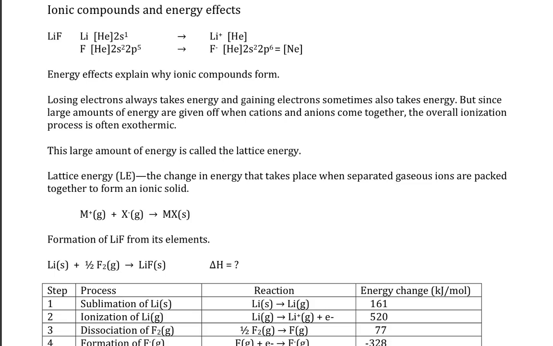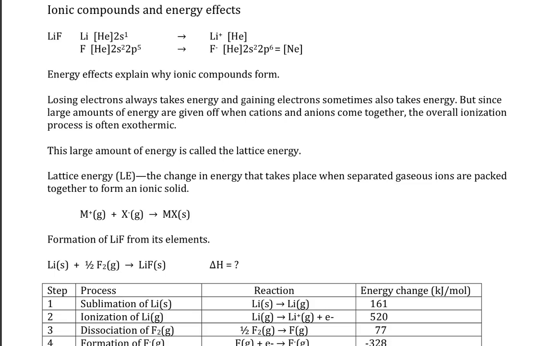Okay, our next topic is ionic compounds and energy effects. So we're going to talk now about ionic compounds, and we'll make some energy calculations. And then we will talk about covalent compounds. So ionic compounds. Looking at LiF, lithium fluoride, the lithium as an atom has the electron configuration helium 2s1. The fluorine as an atom has helium 2s2, 2p5.